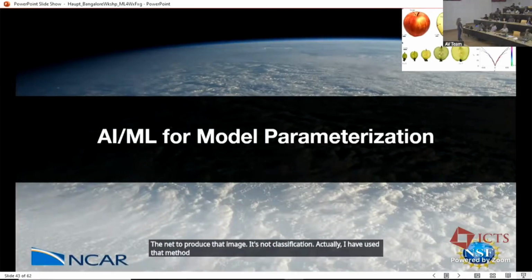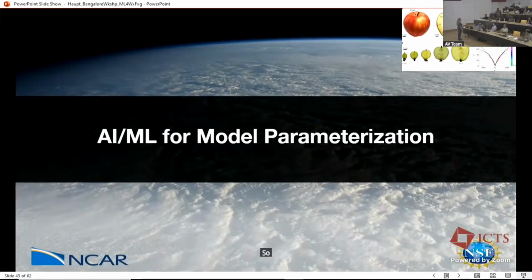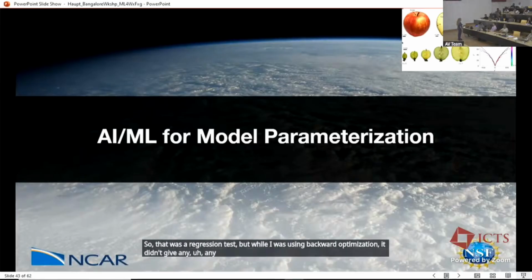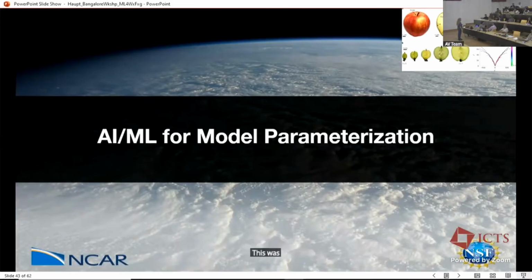Actually, I have used that method in one of my works where I was predicting ISMR, Indian summer monsoon rainfall, using D20 maps, global D20 maps. That was a regression task, but when I was using backward optimization, it didn't give any insight. It was just random. Oh, really? But when I was using other interpretability methods like saliency map, this was giving a good answer.